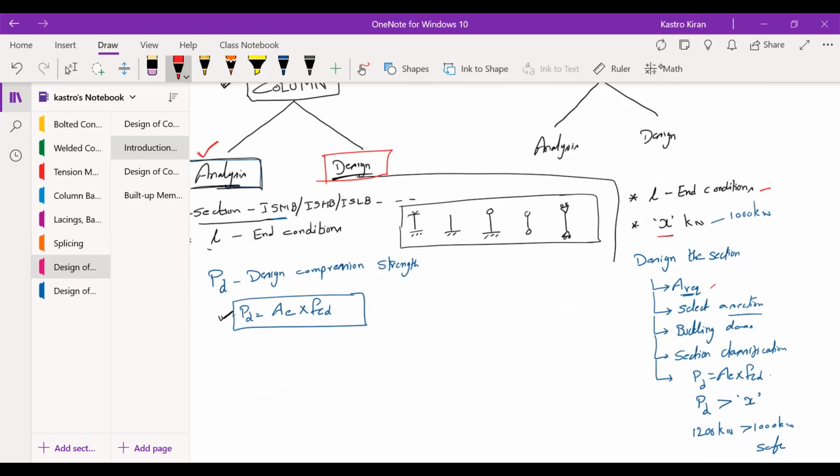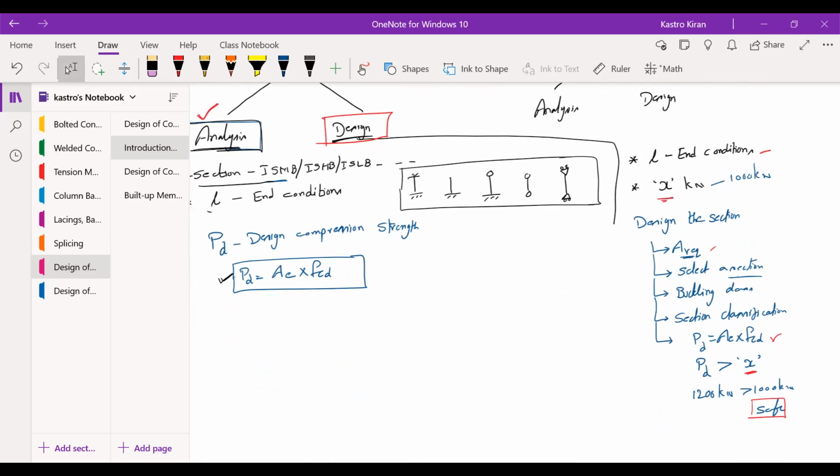Ultimately, you're going to find out the PD value, right? This PD value, whatever you're getting at this step, must be greater than the value of X, which is given in the question. If it is greater than X, then you can consider the section as a safe section.